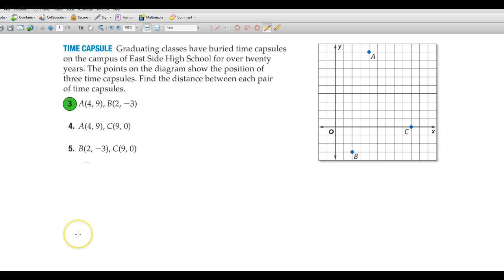On number 3, graduating classes have buried time capsules on the campus of Eastside High School for over 20 years. The points on the diagram show the position of 3 time capsules. Find the distance between each pair of time capsules. So we're going to apply the distance formula.